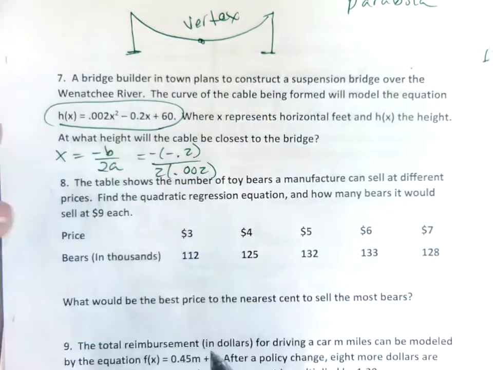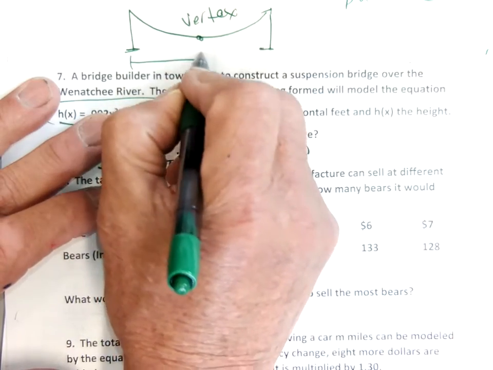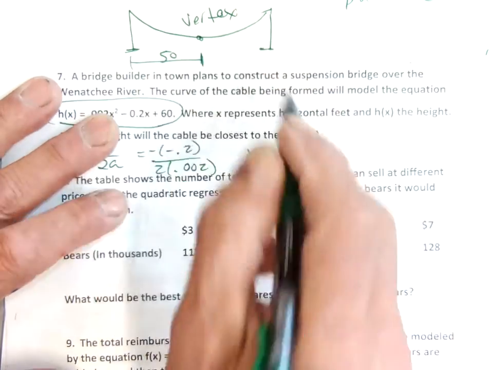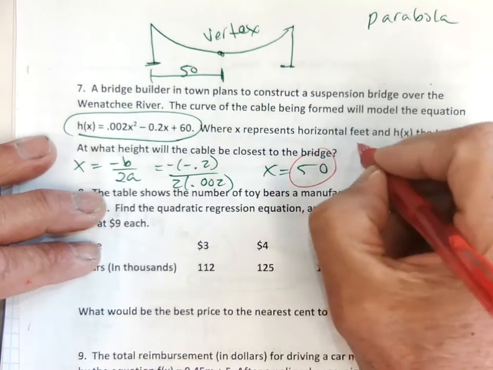Okay, well that tells me something. So if x is 50, that means 50 feet into the bridge is the lowest spot, but that's not the height, right? Right there, I'm at the lowest. How do I find the height? We plug the 50 in.